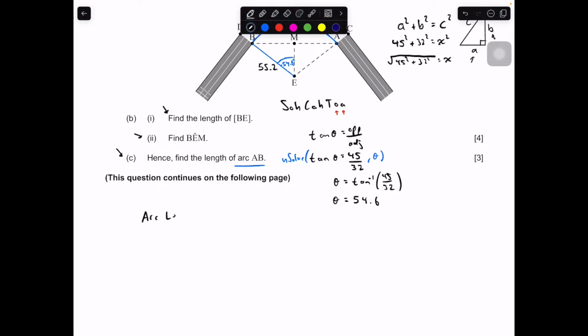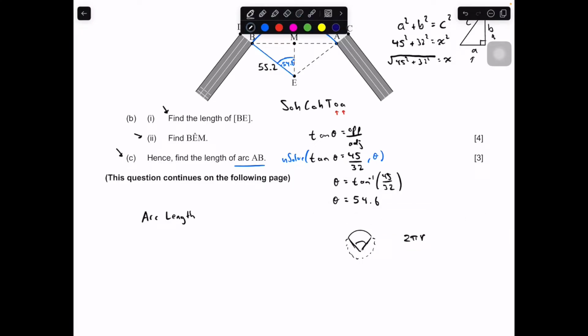This is arc length. If we have a full circle, our circumference, or essentially the perimeter of our circle, is given by 2 pi r. But if we only have a portion of this circle, and let's say this is the center, the question is, how much of our circle do we have?